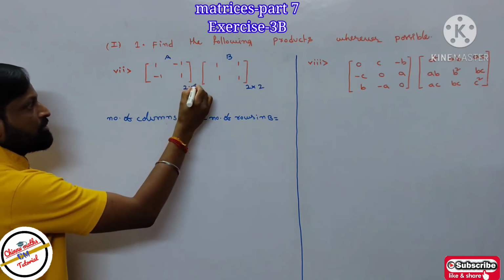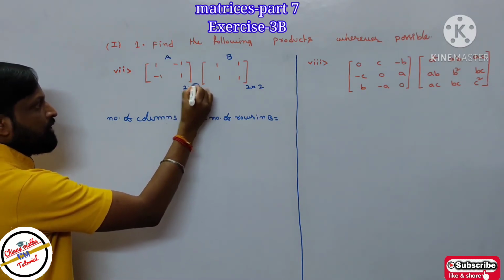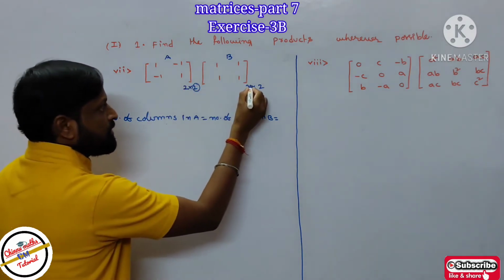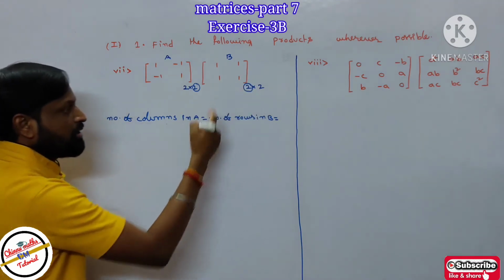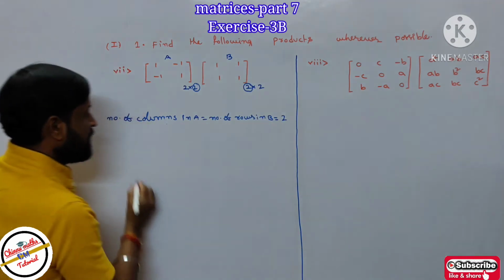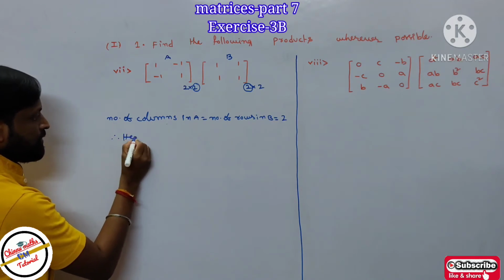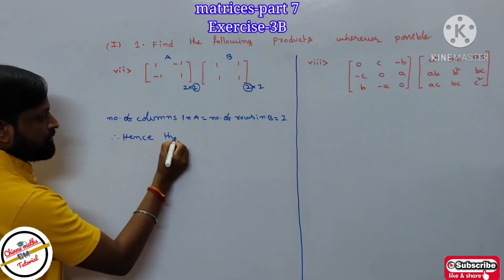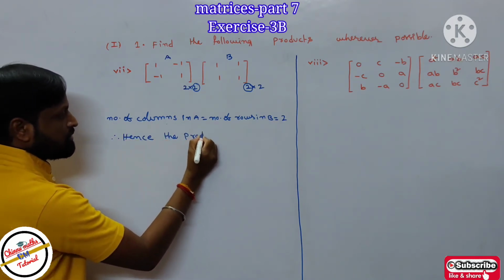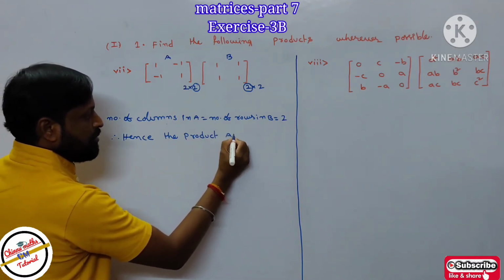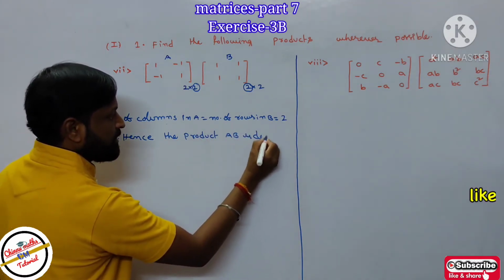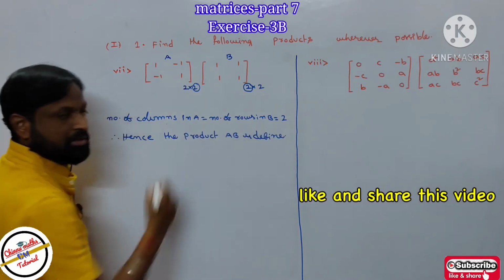These are the number of columns in matrix A. So these are the number of rows in matrix B. Both are equal. Hence the product AB is defined.